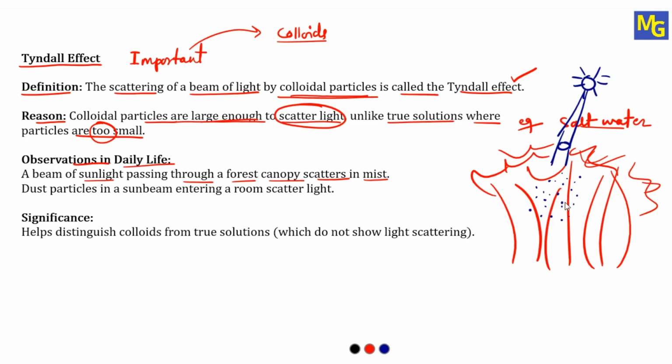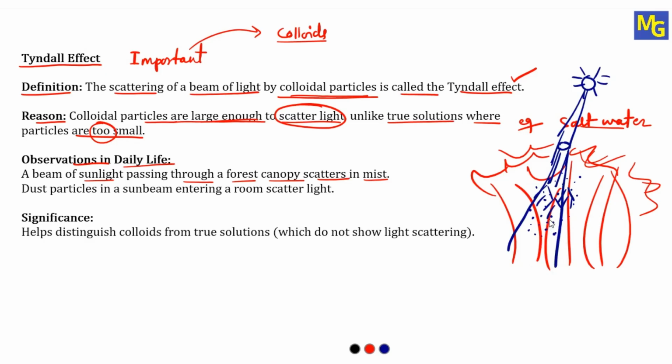Dust particles dispersed in air are called a colloidal solution. These dust particles are large enough to scatter the light. So when this light is coming through this hole, these particles will scatter the light, and that's why the path of the light coming from the sun will spread like this. You may have seen this in a forest, and this is also an example of the Tyndall effect.